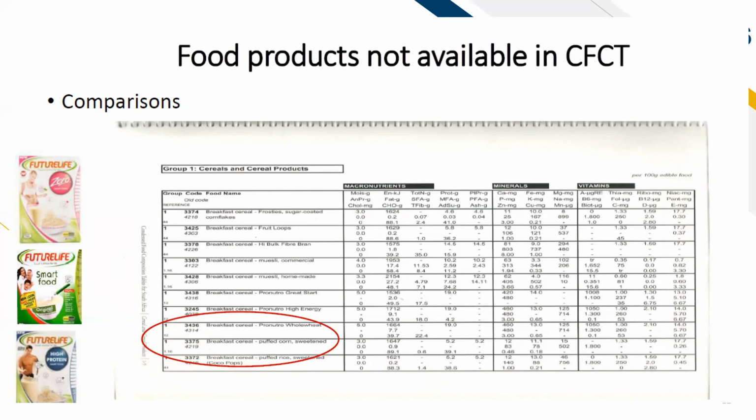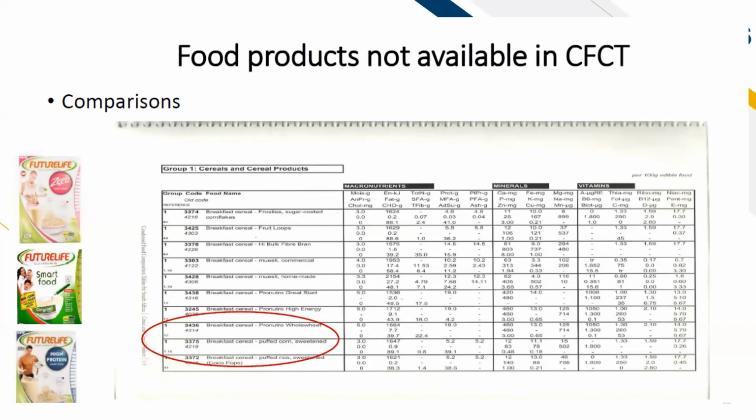But this is actually just a very good example of how we coded, what code we used for Future Life before it was in the food composition table. So I'm not sure if you can see, but that is circled in red there.